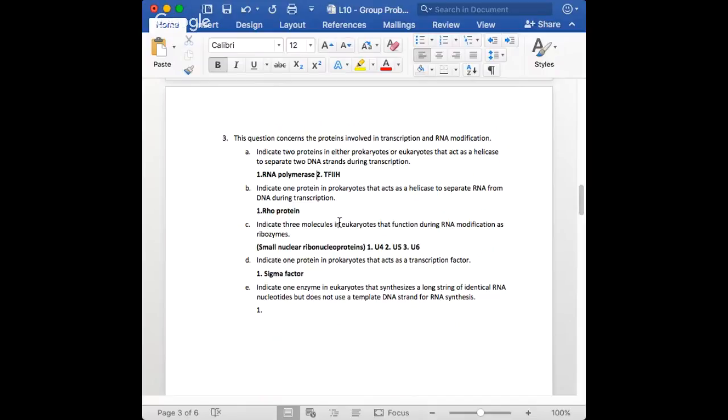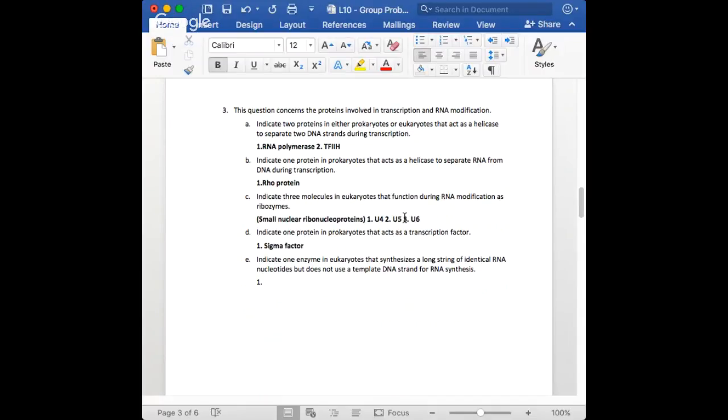Question 3 concerns the proteins involved in transcription and RNA modification, so it's just wanting to indicate which ones belong where. So 2 proteins that act as a helicase to separate 2 DNA strands would be RNA polymerase and TFIIH.